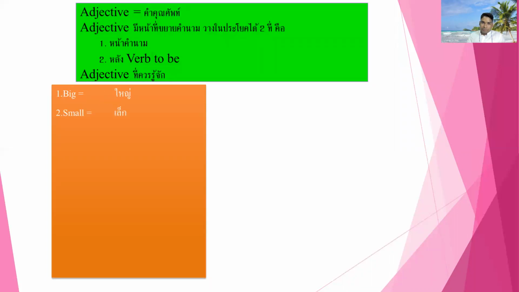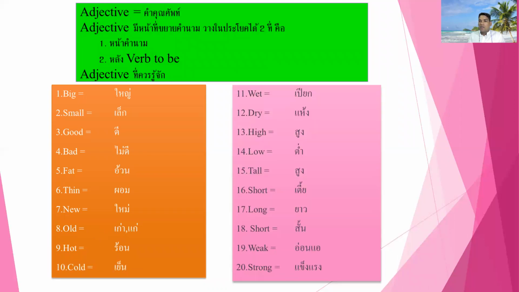which types of word. Verb to be, which types of word. Number 1, big. Number 2, small. Number 3, good. Number 4, bad. Number 5, fat. Number 6, thin. Number 7, new. Number 8, old. Number 9, hot. Number 10, cold. Number 11, wet.